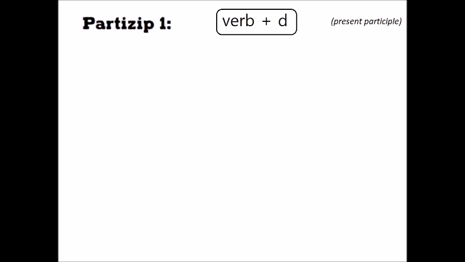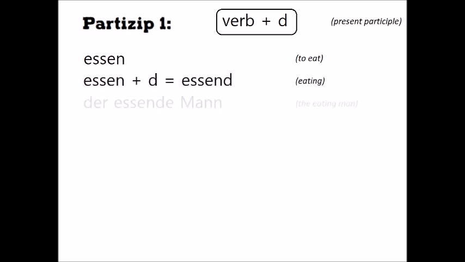To construct the present participle, Partizip 1, you add a d to the verb in the infinitive form. For example, essen, to eat, essend, eating, der essende Mann, the eating man.